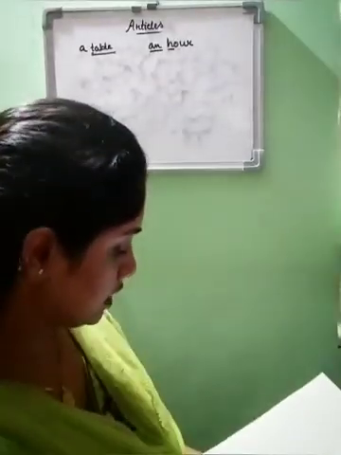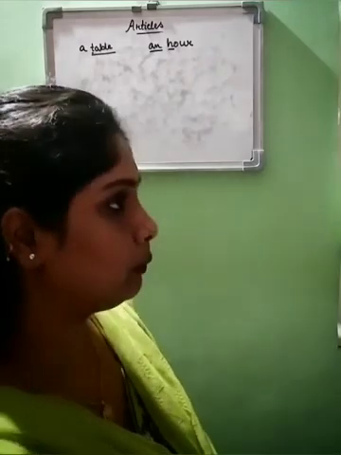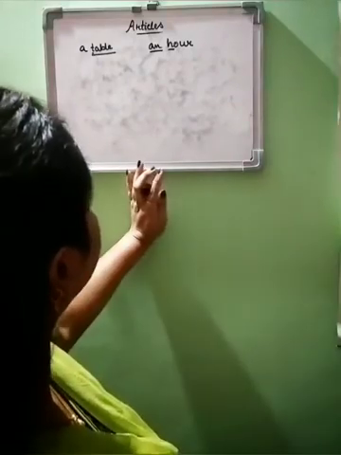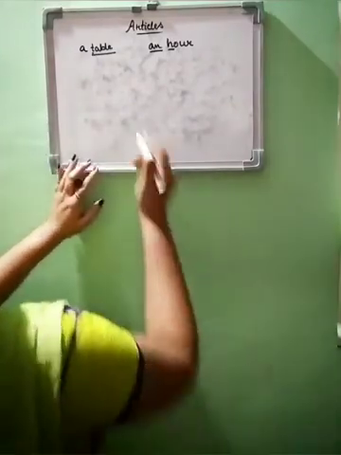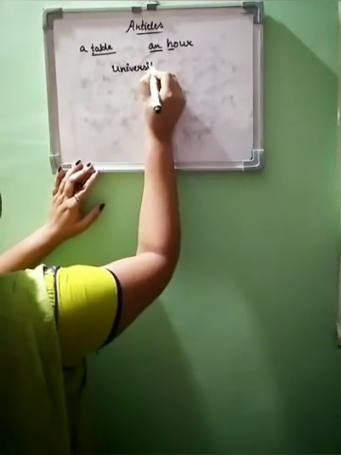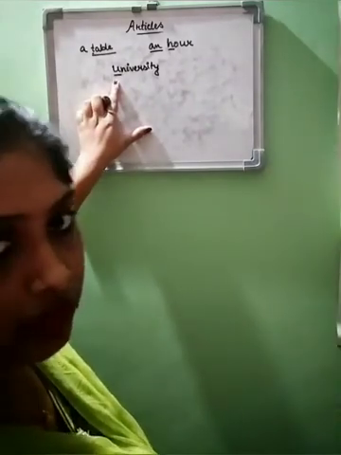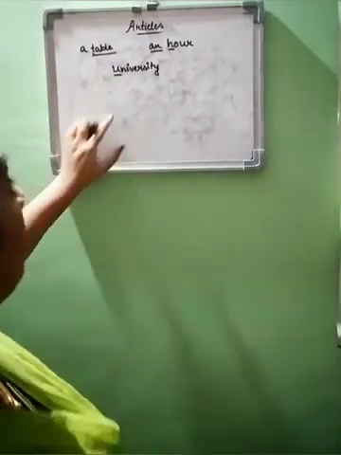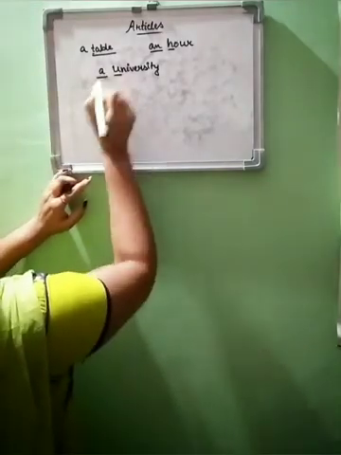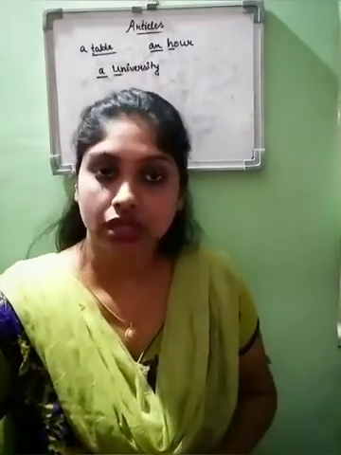Next thing, let's see. For example, university. Now see, this letter is a vowel, right? But we will write here a. Now you might think why we will put here a.